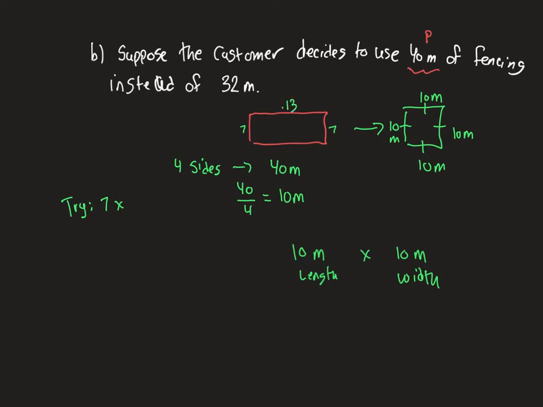So this should be 13, and that should be 13. So if we try this, you'll get 7 times 13, which is 91. Now, originally, if I did 10 times 10, I'm going to get 100 meters squared.